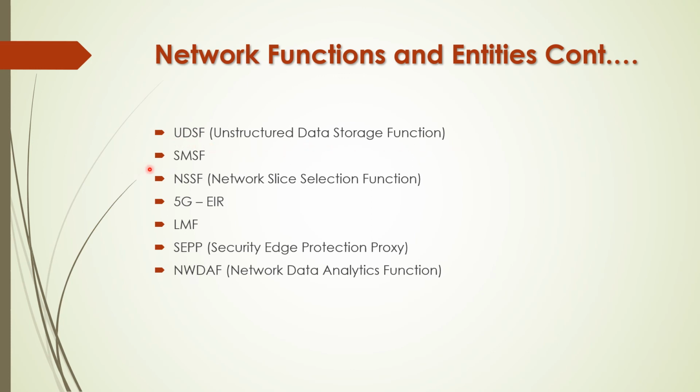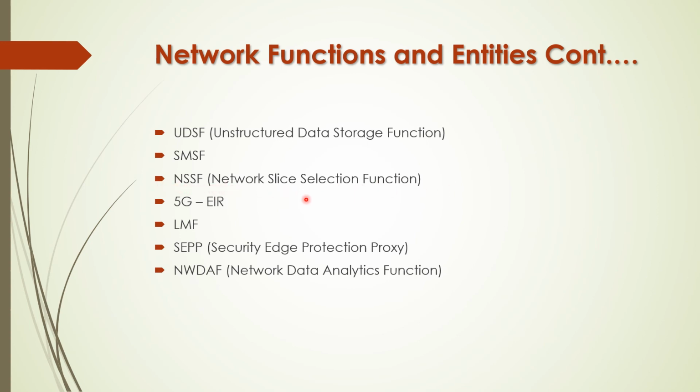Then the next one is the SMSF, which is used for handling the SMS functionality carried from the 3G and 4G networks. Then we have the NSSF, network slice selection function. One new functionality in the 5G network is dividing our network into network slices.